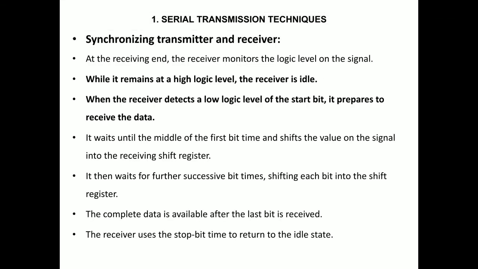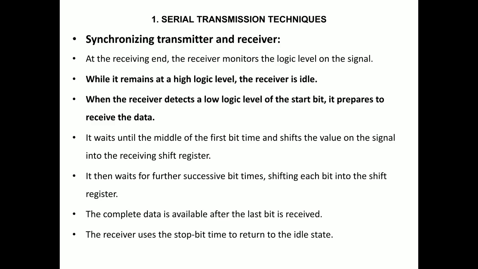Next, the same thing at the receiving end: the receiver also needs some time to receive the data. It will have one monitoring control signal which monitors the receiving of the data.